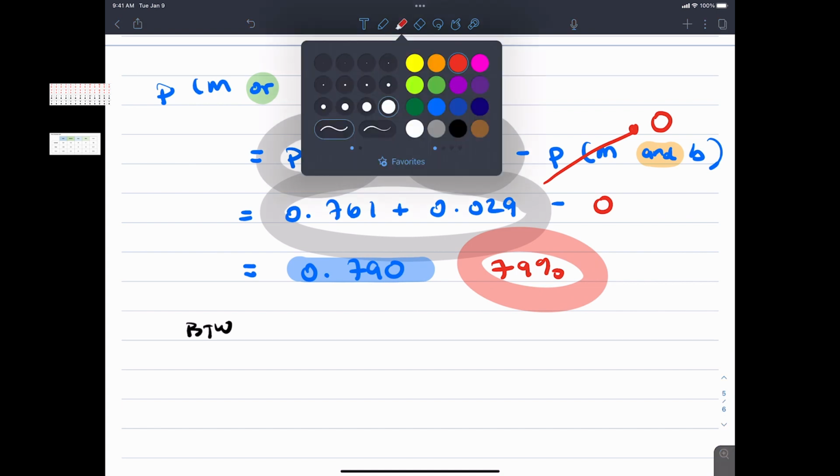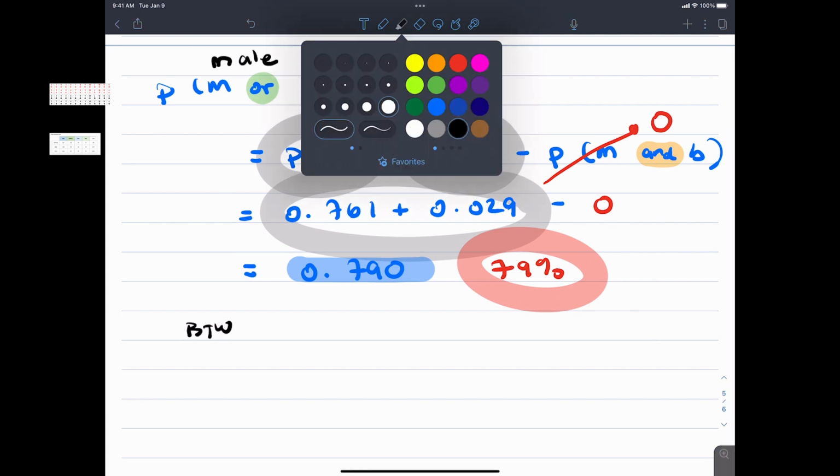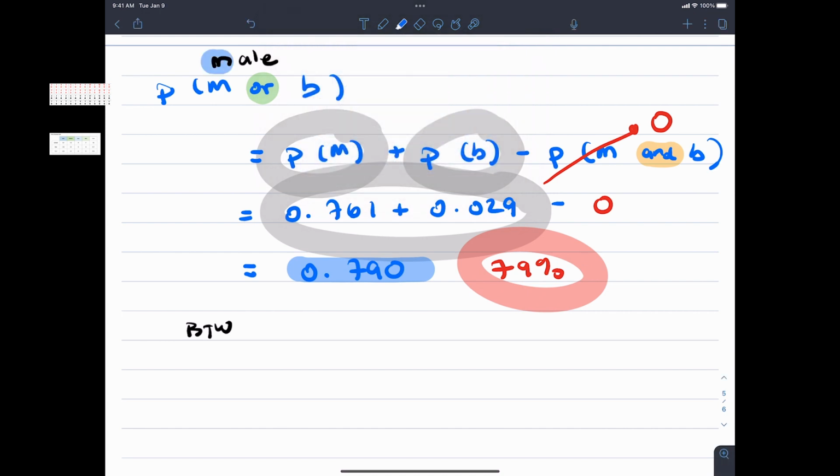Do you know if you're a man or a boy? This is not and, this is the word or. You know what this means? This means you're a male. Do you know that's the definition of being a male, by the way? You're a man or a boy.